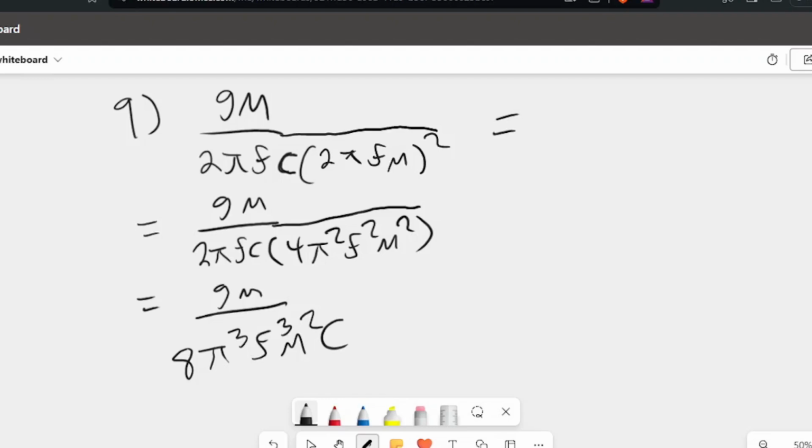Now, what we're going to want to do is roll this down a little further. Now we have a common term at the top. G is by itself. Again, we're going to be subtracting m from m. So pi to the 3, f to the 3, 1 minus 2.